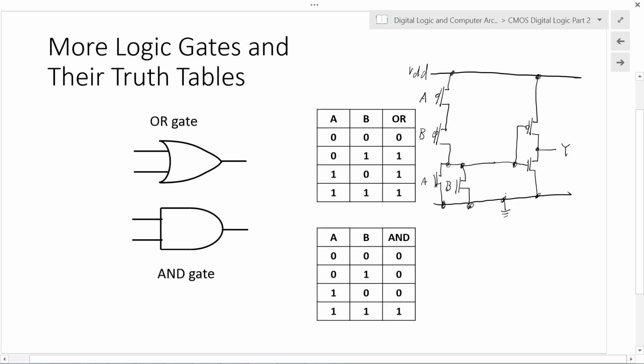The AND gate is very similar, except that you exchange this NOR gate for a NAND gate here, and the NOT gate or inverter stays the same. So let's draw that.